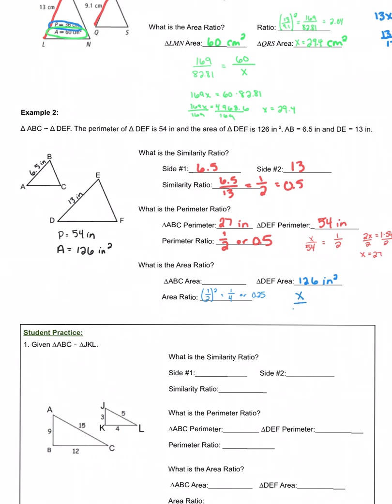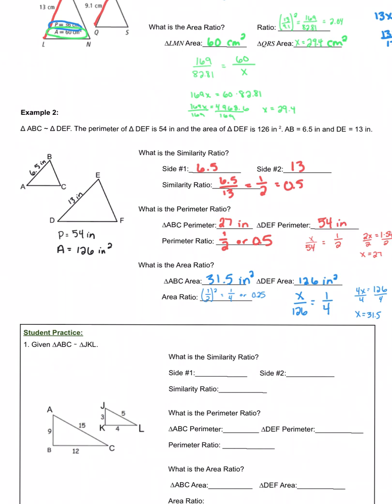And x over 126 is going to be 1 over 4. Multiply my extremes and means, divide by 4. My area of that first triangle is going to be 31.5. Make sure you're checking my math on all of these, just in case. And again, that's inches squared.